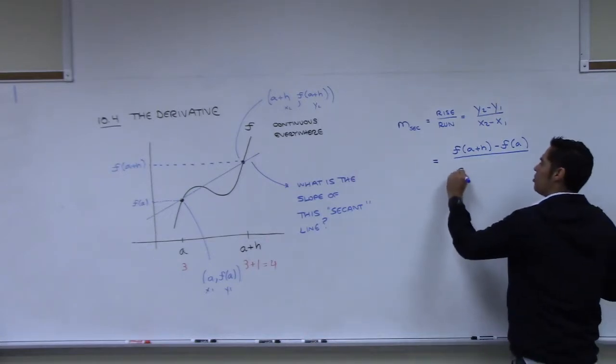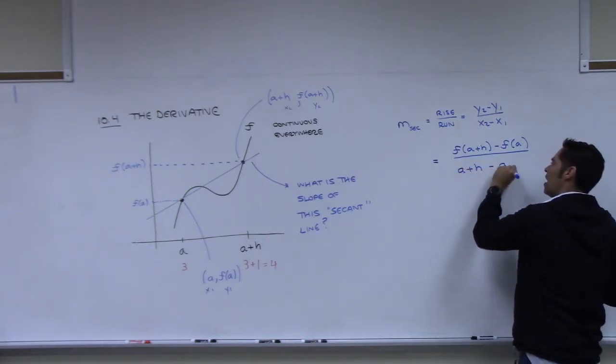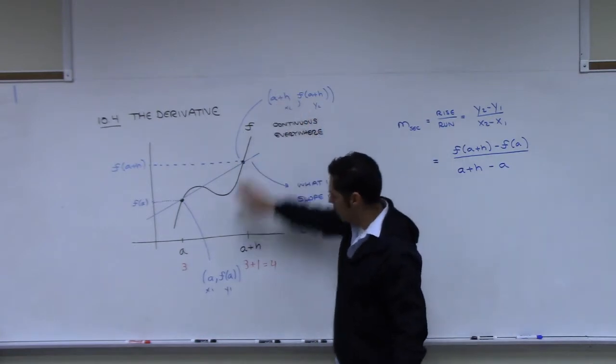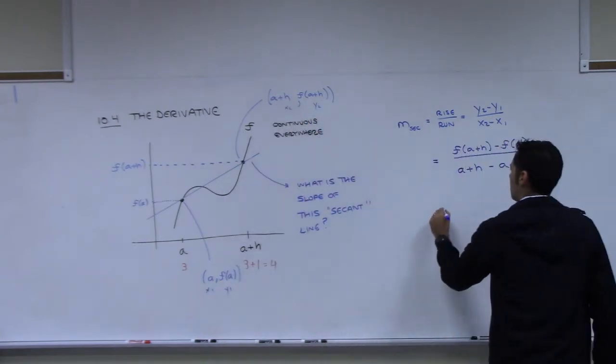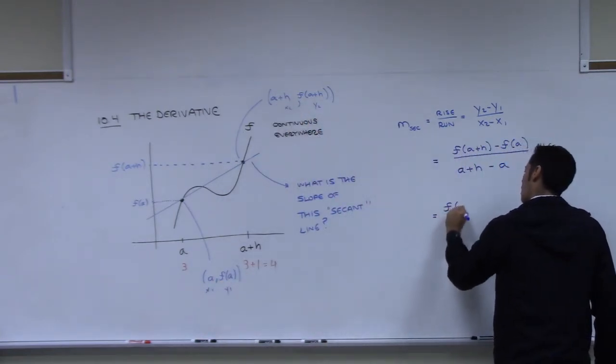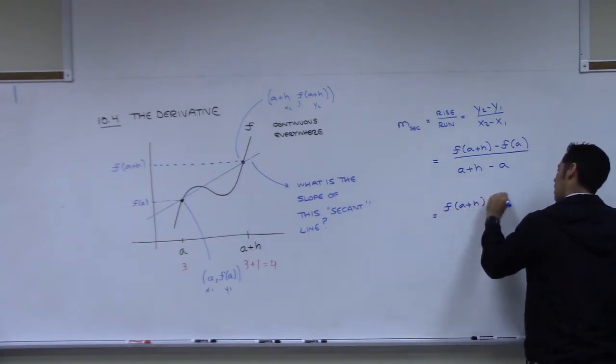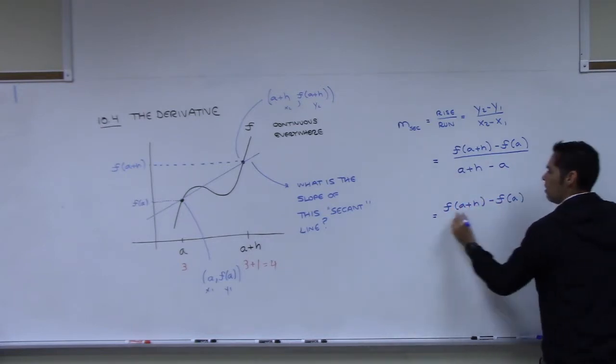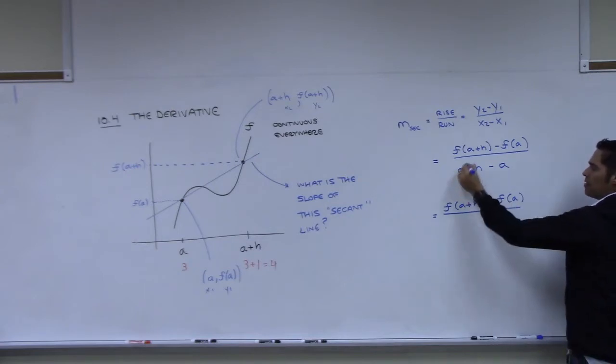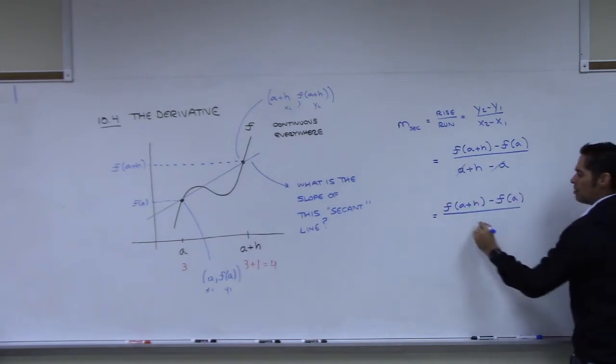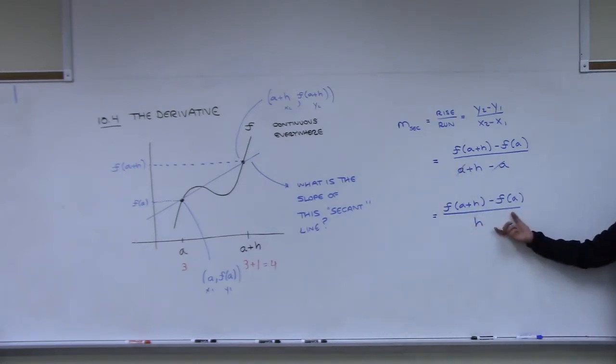It's a plus h minus a. It's this one, a plus h minus a. Now we can clean that up just a little bit. F of a plus h minus f of a, all divided by, notice that these a's cancel, and you just get h down here.